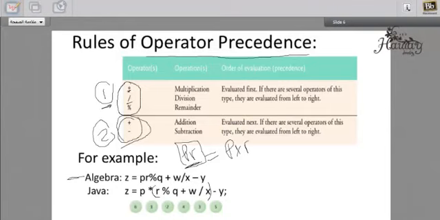First will obviously be the bracket. No, not the division first, it will be the modulus first, because they are of the same family.